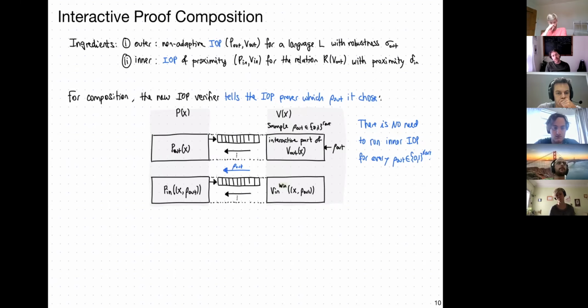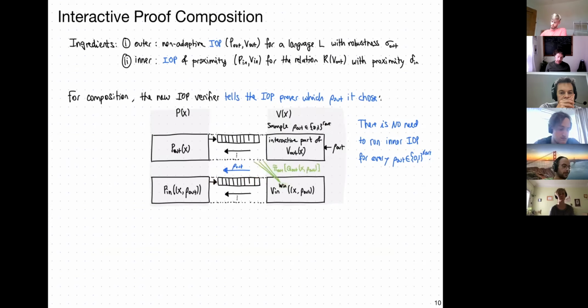And now, given that, send me just the inner IOP of proximity that I need. Right? And notice that at this point, the prover can do nothing because he already committed to everything. And by this point, the soundness guarantee that we have is already guaranteed with respect to the randomness. And so we can reveal everything to the prover, and he has nothing to do except sending the relevant inner IOPP.